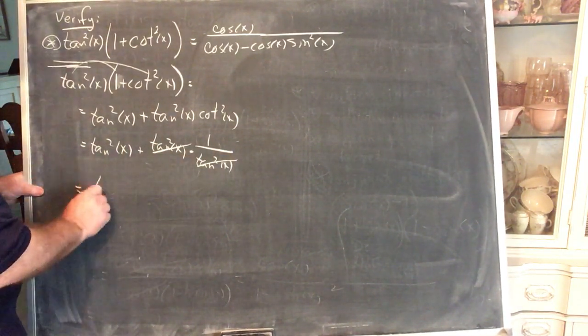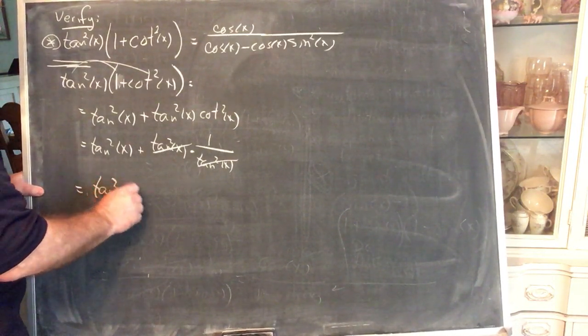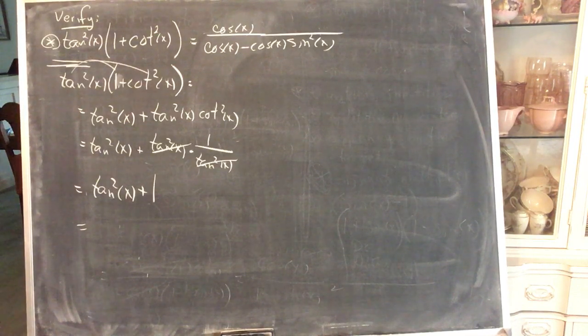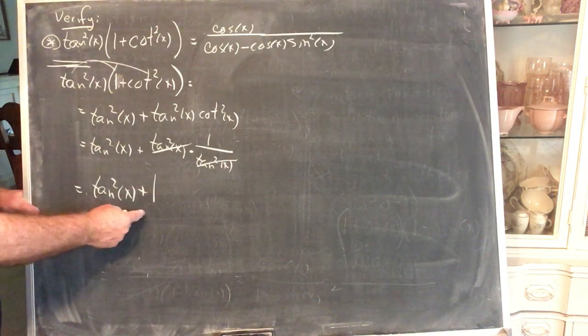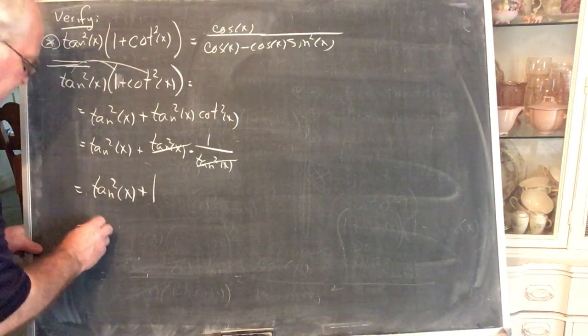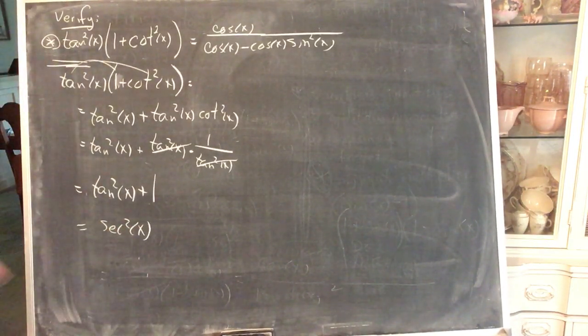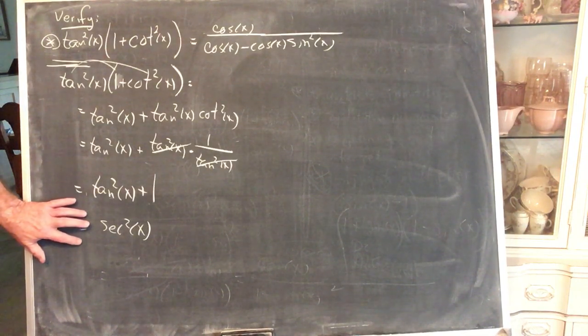So this is tangent squared plus 1. And what is tangent squared plus 1? That's Pythagoras. Pythagoras says this is secant squared of x. That's probably about as simplified as we're going to get it. So let's leave that here.